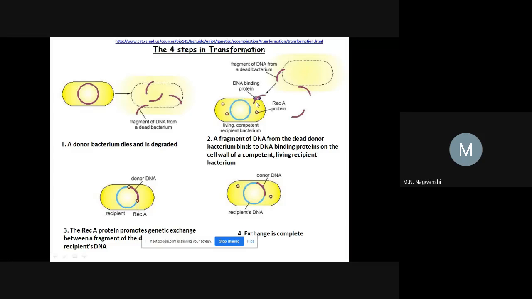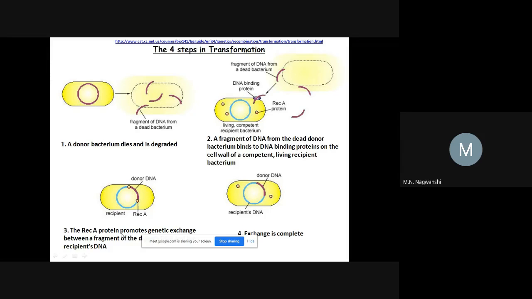So this fragment of DNA from the dead donor bacterium binds to the DNA binding proteins on the cell of the competent bacteria, leaving the recipient bacterium.